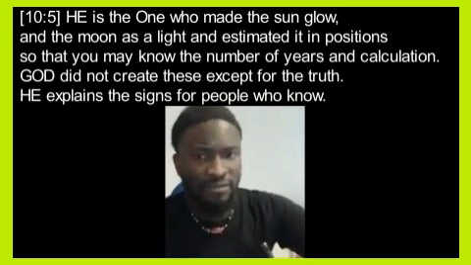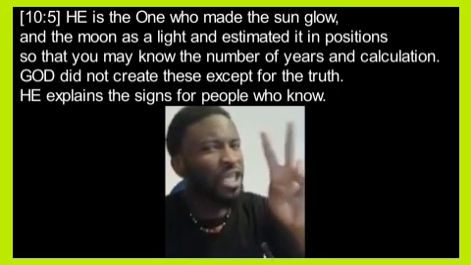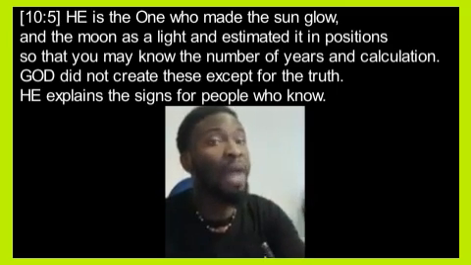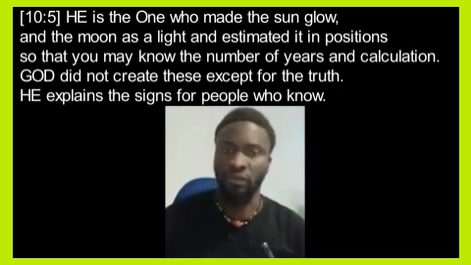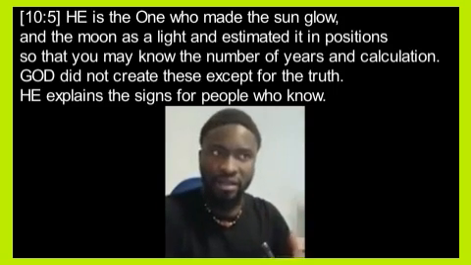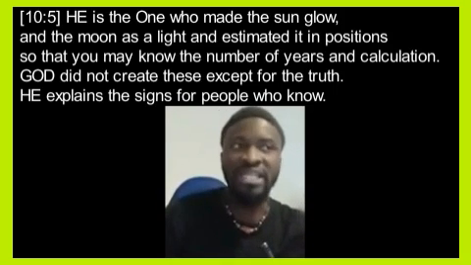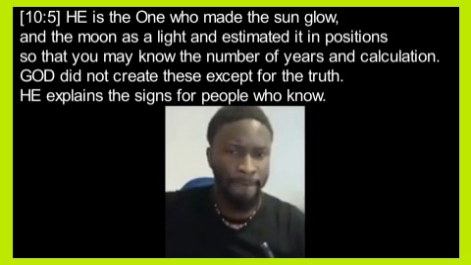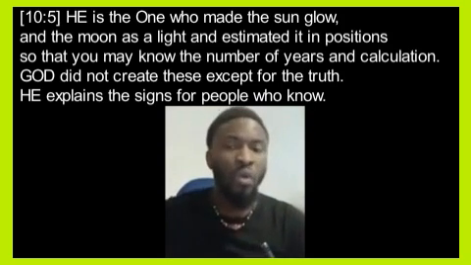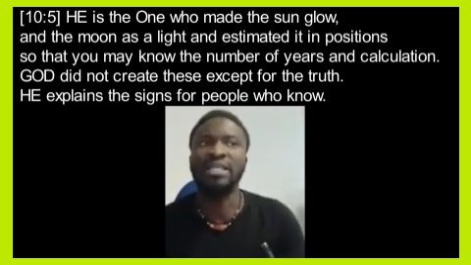In that verse, chapter 10, verse 5, God is not talking about the sun. He's talking about the moon. هو الذي جعل الشمس ضياء. Then he says والقمر نورا. Then he says وقدره. He didn't say وقدرهما. No. وقدره. Then he says manazila.